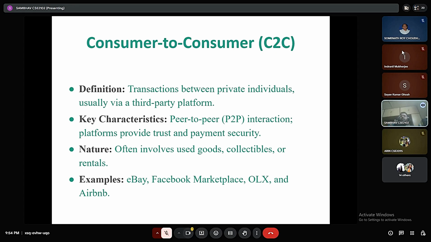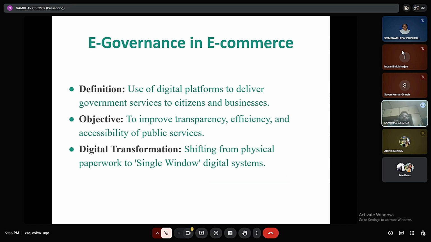Instead of selling it to some middleman or an electronics store, I directly click a photo of it and put it on Facebook Marketplace, OLX, or eBay, and then another person from the opposite end who needs to buy a computer sees my computer, likes it, and can directly message me, and we meet up and have a private transaction. This is an example of the consumer to consumer model in which the consumers trade directly between themselves.